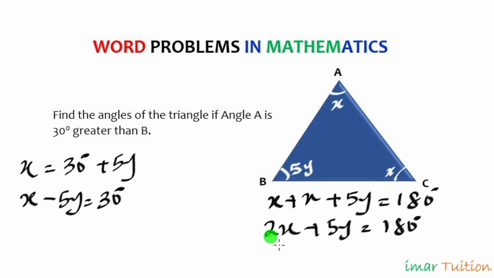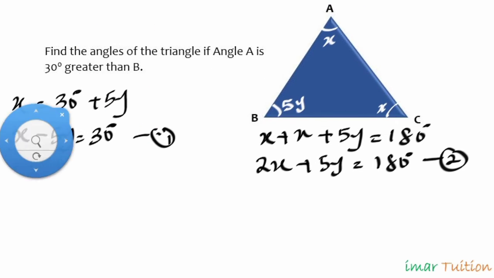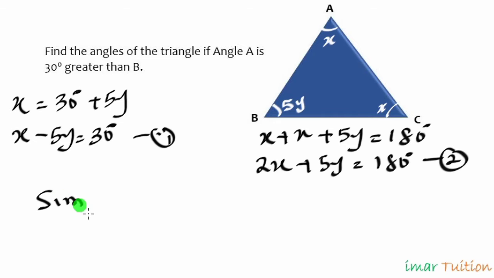You cannot add x to y, and you cannot subtract x from y here, so you leave the equation the way it is. You call this one equation 1, and this one equation 2. We're going to solve these two equations at the same time, and another word for same time is simultaneously.